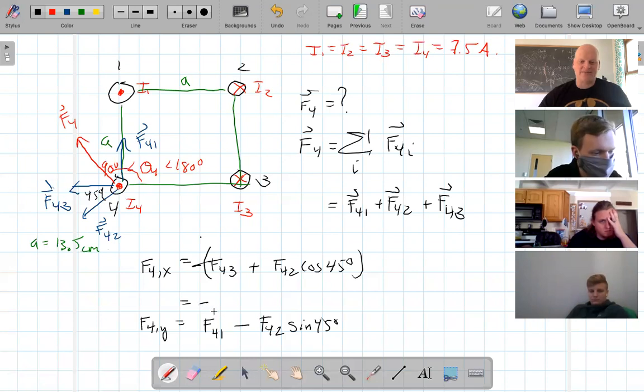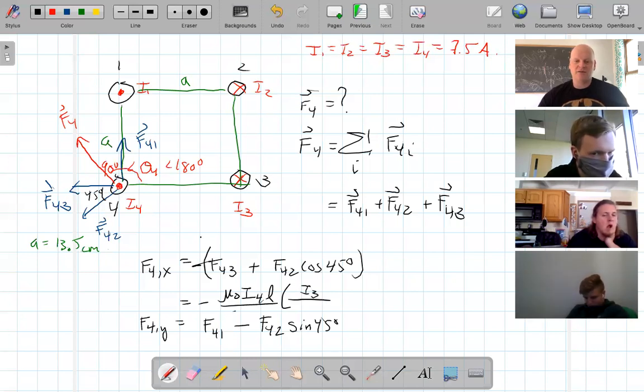So this becomes minus. Now they all have a mu naught I, right? Because they all have, let's call that I4, all in common. They all have the same length, so we get times L, and then we're left with what? I3 divided by, let's pull out the 2 pi because that's all the same too. So let's call this distance then R43 plus I2 divided by R42 times cosine of 45 degrees.